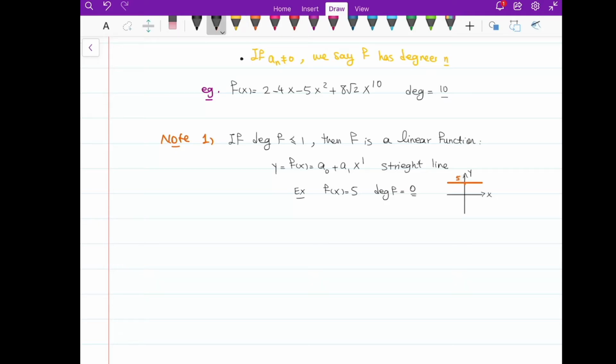Okay, and if, for example, f(x) is equal to 2 plus, for example, -10x, then the degree of this function is 1, and it's a straight line. We discussed it before. So we can say, based on this note, that linear functions are special type of polynomials.